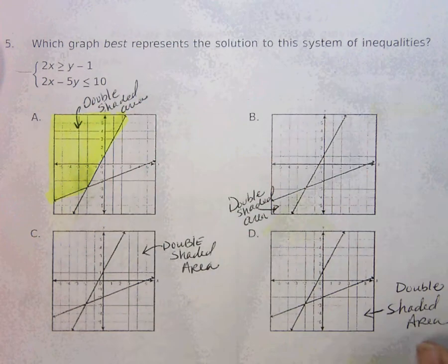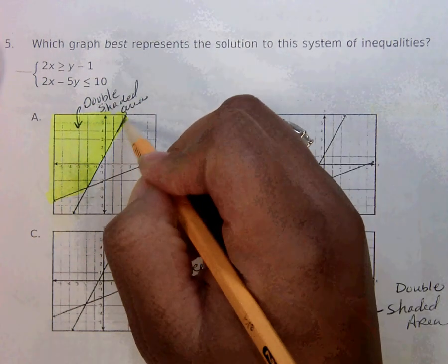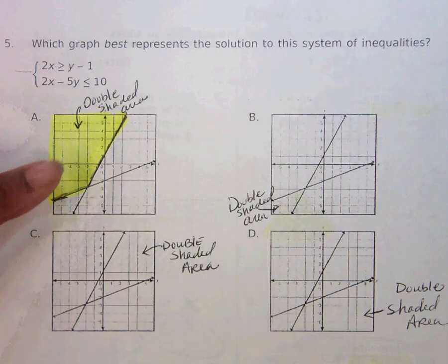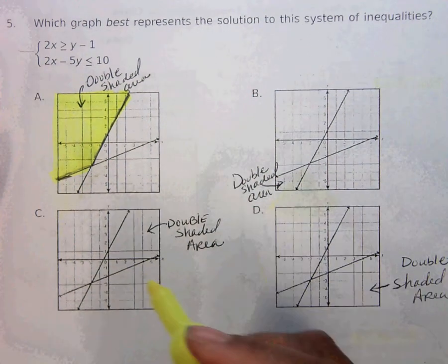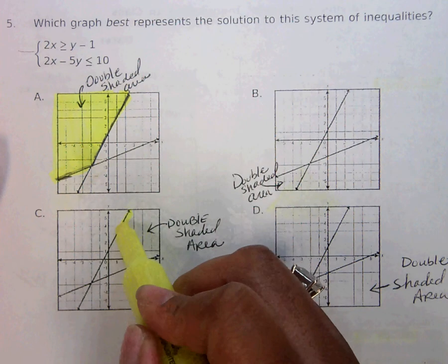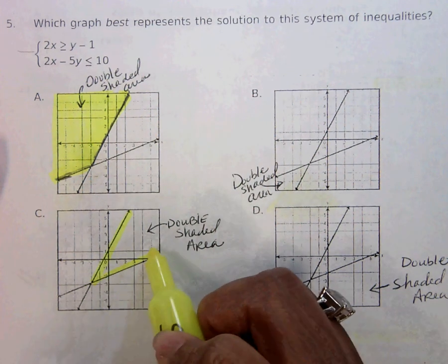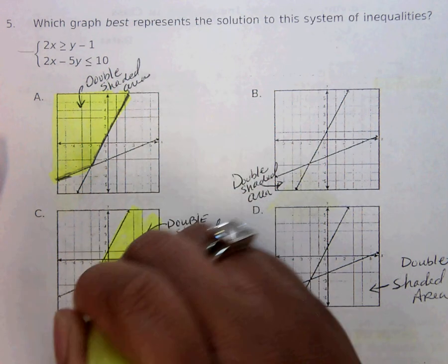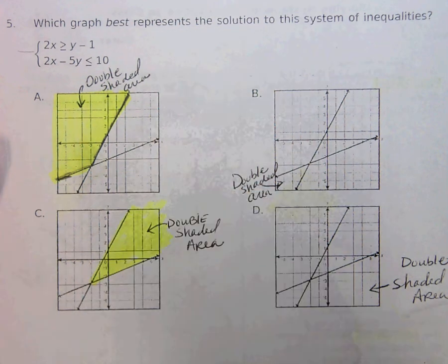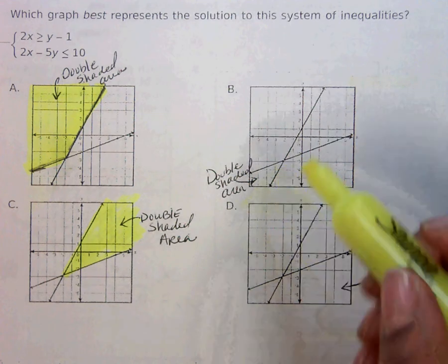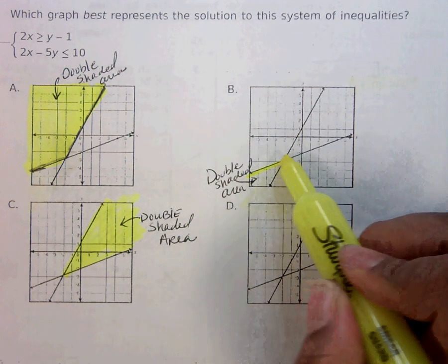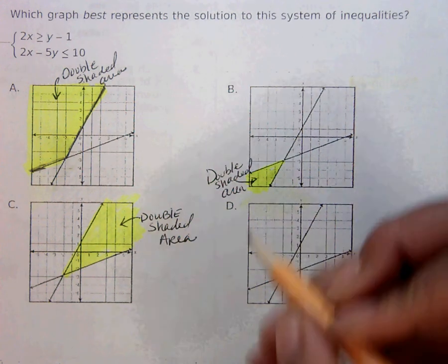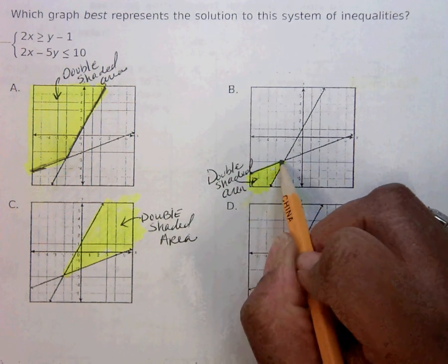Okay, here we go. That's the solution set for that. Solution set here would be here. Okay, solution set for this would be here. Okay, so they are both solid.